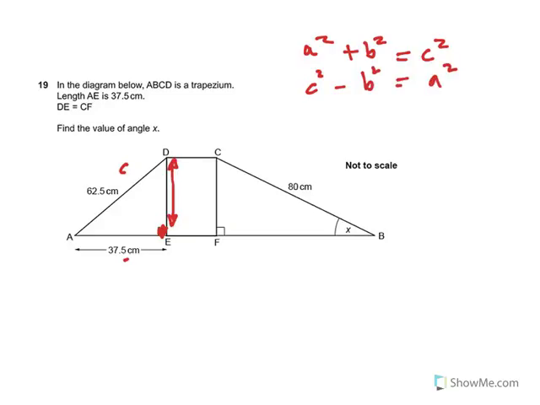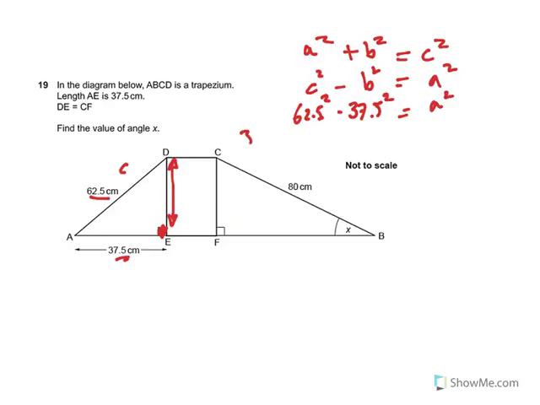So what we've got here is 62.5 squared for c, minus b, which is this side here, 37.5 squared, equals a squared. Okay, calculate both of those.